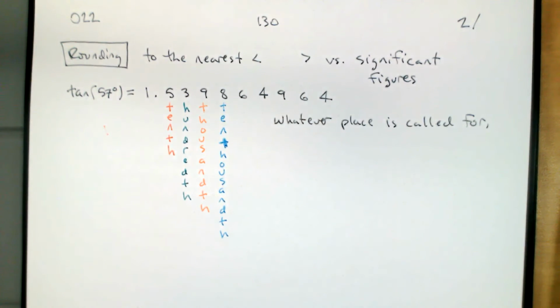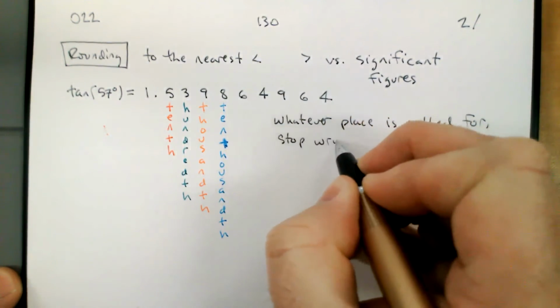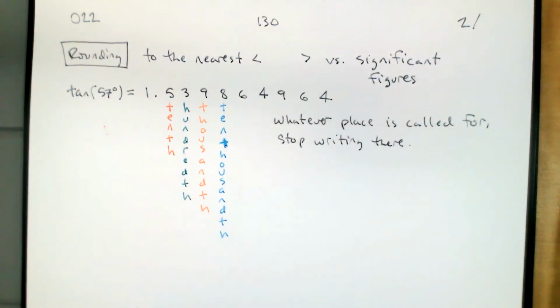You look at the next digit and only the next digit to decide if you've gone past halfway. If you've gone past halfway, keep going. If you haven't gone past halfway, go back.